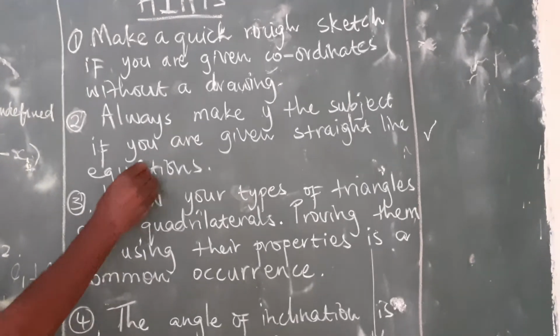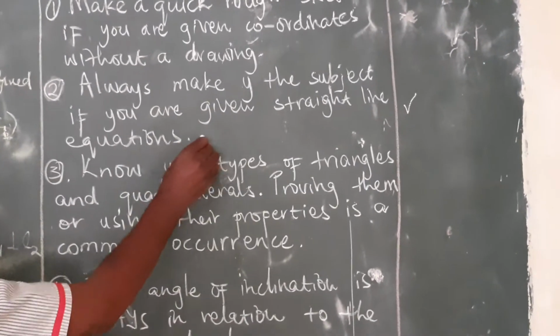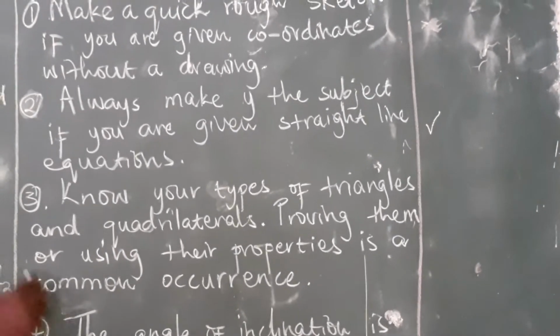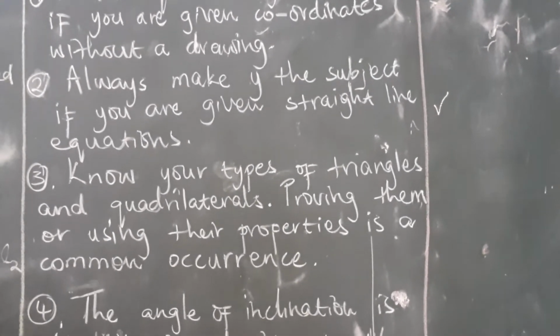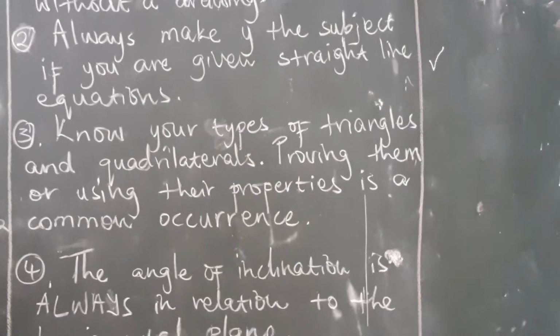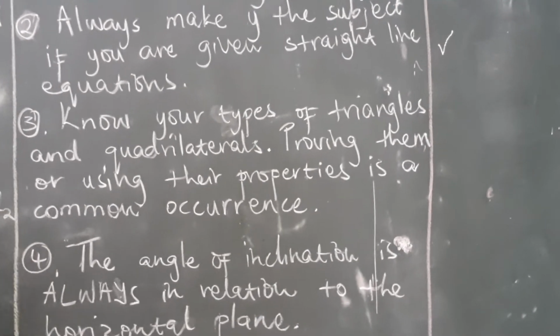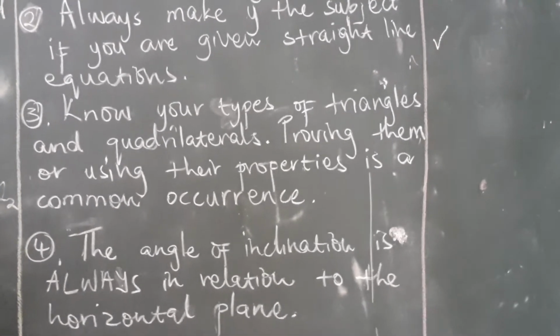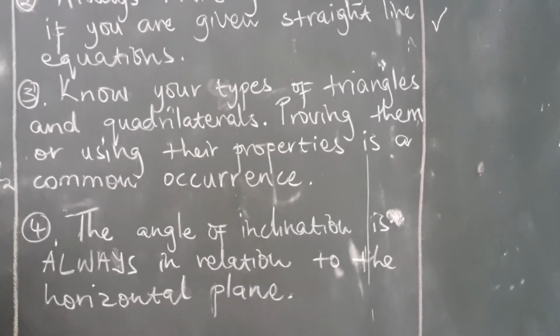Number 2, always make y the subject of the formula if you are given a straight line. Number 3, know your types of triangles and quadrilaterals, proving them and using their properties is a common occurrence in all these things.